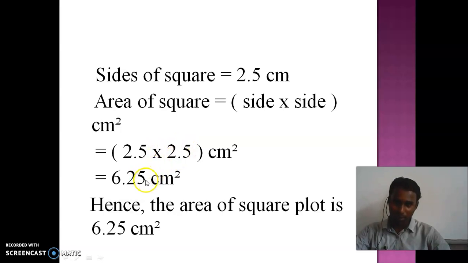So from right to left, 1, 2, you will put the point here. So 6.25 centimeter square. Hence the area of the square plot is 6.25 centimeter square. So this is your answer.